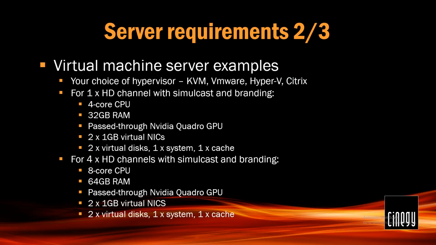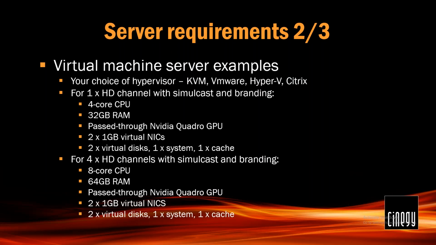So for 1 channel there, you provision yourself up a 4-core CPU, 32 gigs of RAM, pass through NVIDIA graphics. You can either use a Quadro card, you can use a Tesla, Grid, whatever. Doesn't have to be a Quadro, but you will need some pass-through NVIDIA capability.